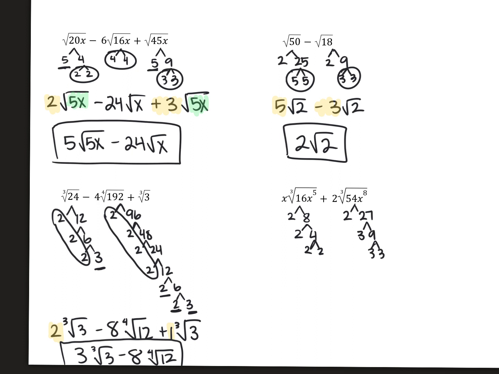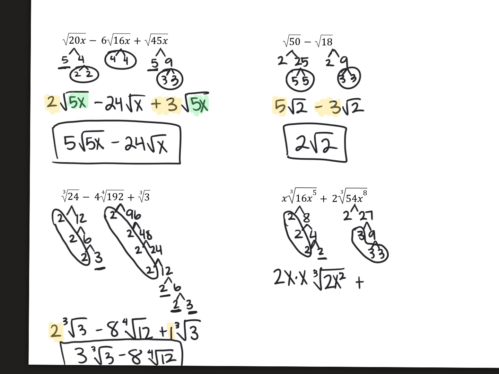So I have one group of 2, and I have one group of 3. That group of 2 is going to come outside with my x. Now I do have an x to the 5th underneath the cube root, which has a group of 3 x's in it that I can bring outside. And then underneath my cube root, I'll still have a 2 and 2 x's that couldn't simplify, x squared.